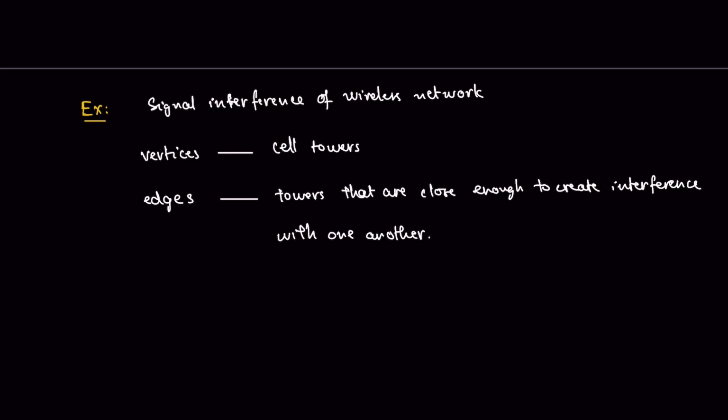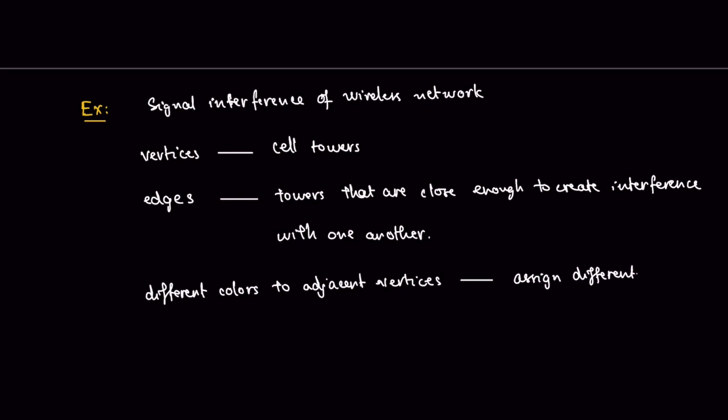And to avoid this signal interference, what you do is assign different colors to any cell towers or any vertices that are adjacent to one another. When you provide different colors to adjacent vertices, it means you're going to assign different frequency channels to those cell towers.